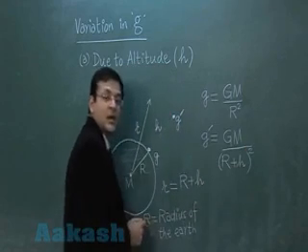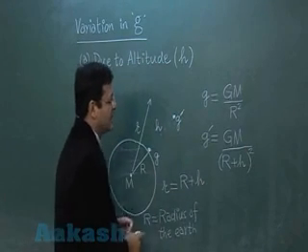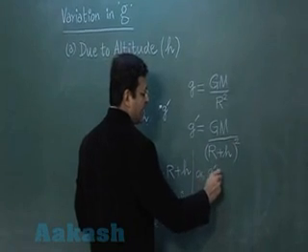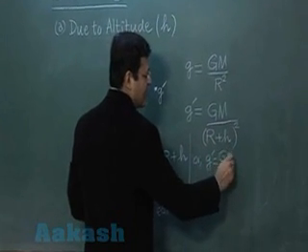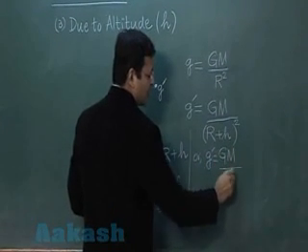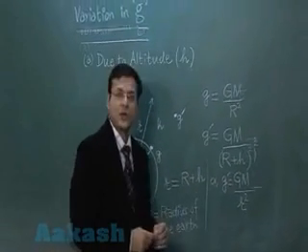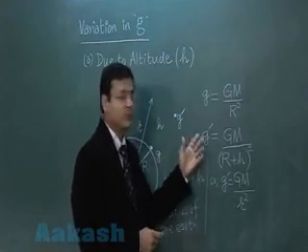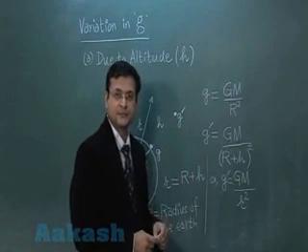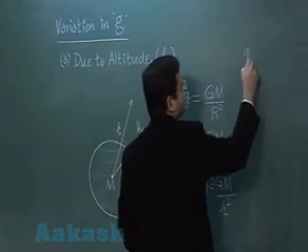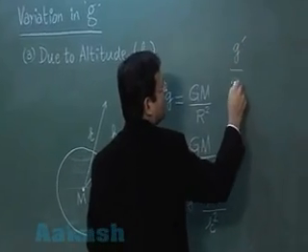Or in other words, g dash can be written as capital G M upon small r square, where small r is the distance from the center of the earth. Now if you see the ratio, you can write g dash upon g.